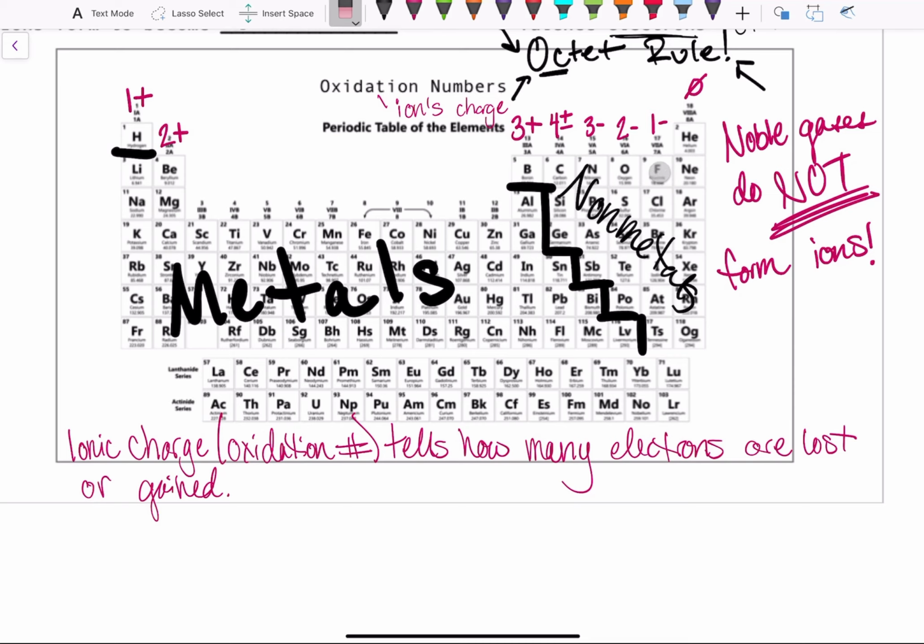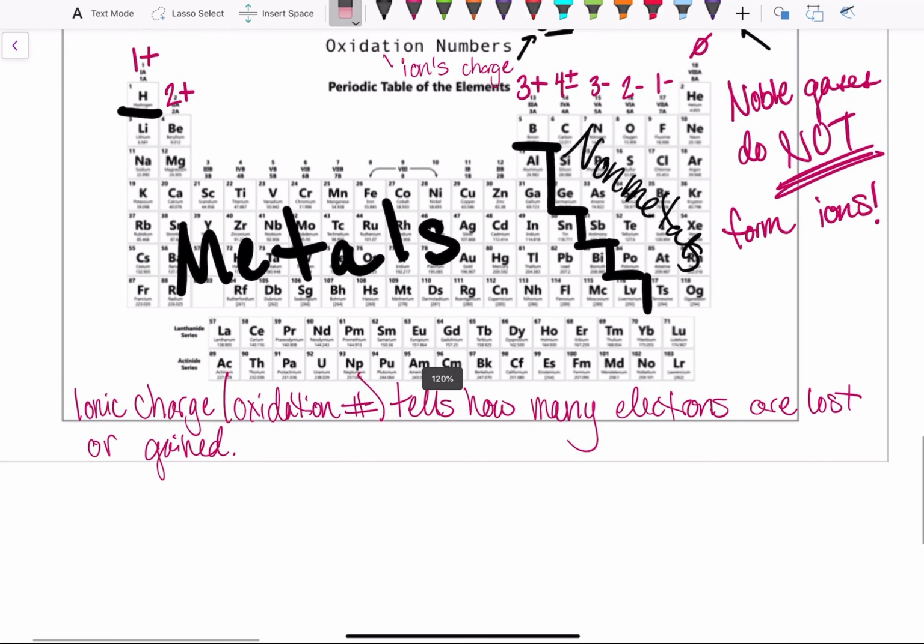Something like in this group here, they have 7 valence electrons. If they just get 1 more valence electron, they're happy. They really want another valence electron. So they gain 1 electron so that they can become like the noble gases over here. So it's all about how many valence electrons they have and how many they can get to.